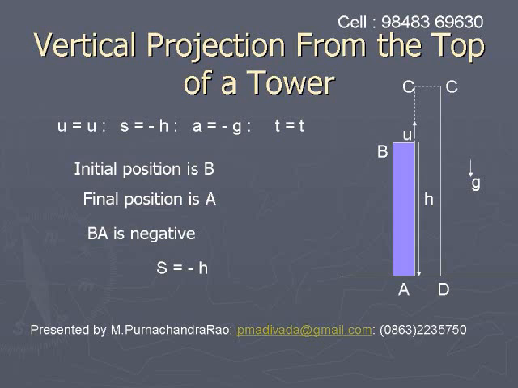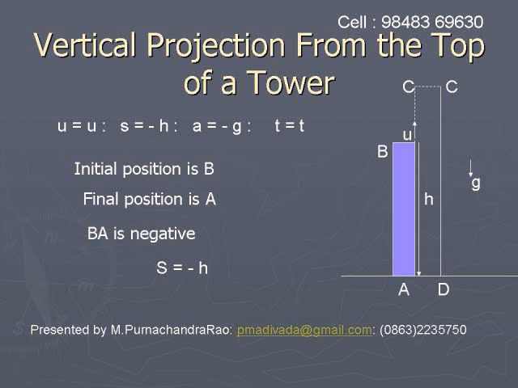The initial position is top of the tower B and the final position is the ground D. So the vector is from top of the tower to the bottom of the tower, that is minus h, since height of the tower is h, direction is opposite to the velocity direction. So downward direction will be negative, hence s is equal to minus h.